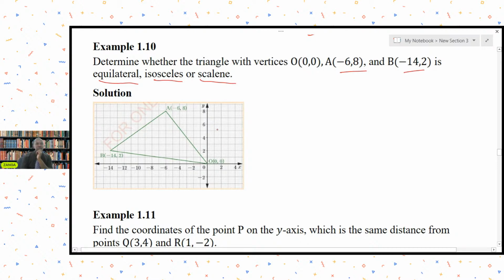So to solve this question, students, we are going to check distance. I'll be looking for OA first, and OA is going to be square root of, because we know the distance formula, (0 minus negative 6) square plus (0 minus 8) square, and this is going to be equal to square root of 36 plus 64.